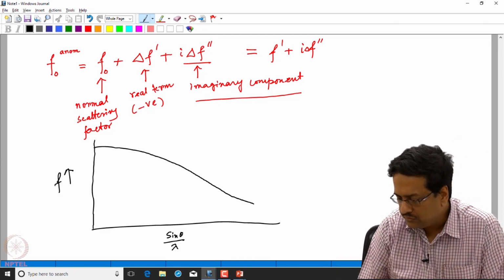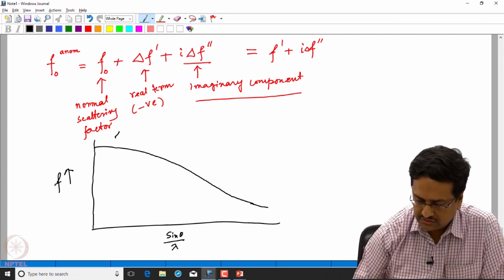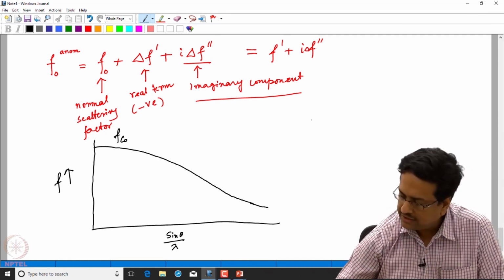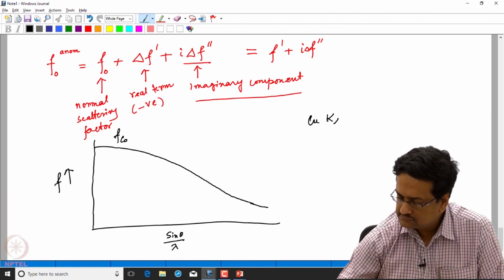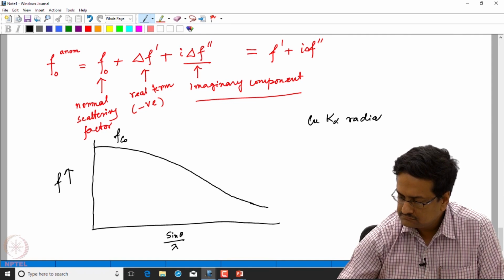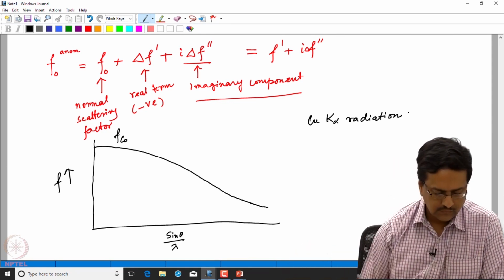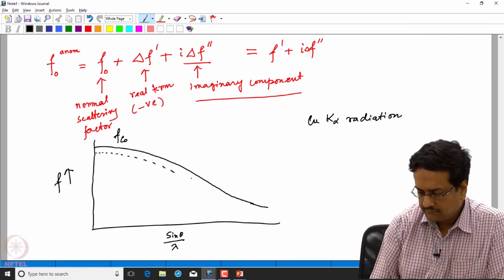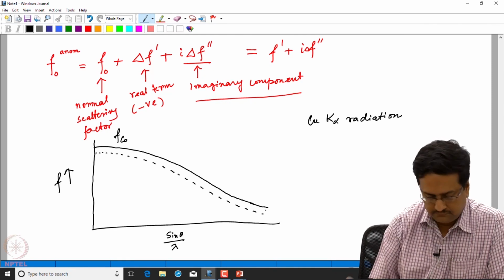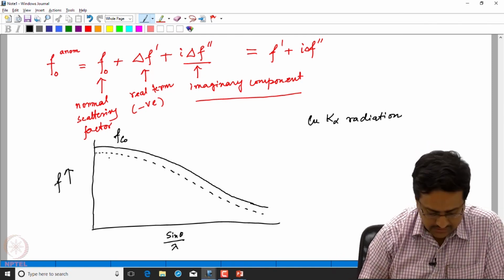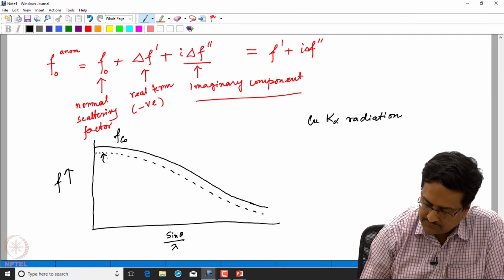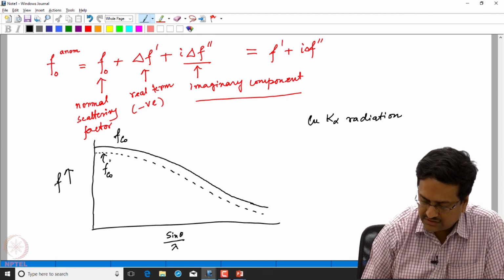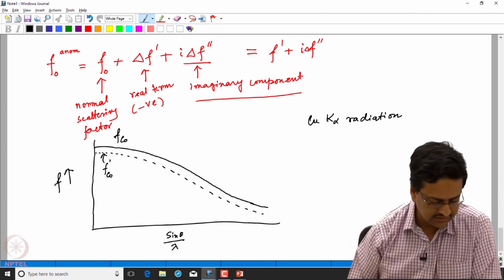This plot may look like this for F cobalt using copper K alpha radiation, and the scattering factor of cobalt varies like this if you consider the corresponding anomalous scattering of radiation.